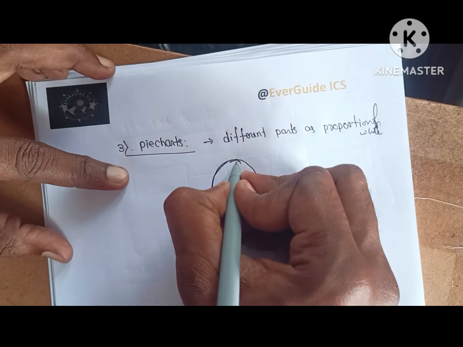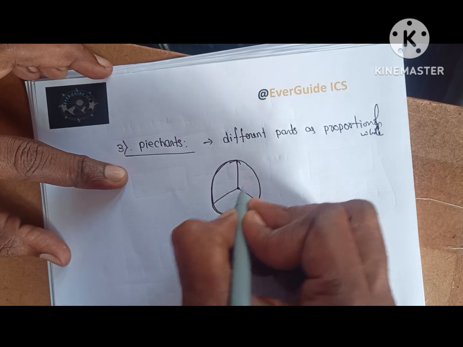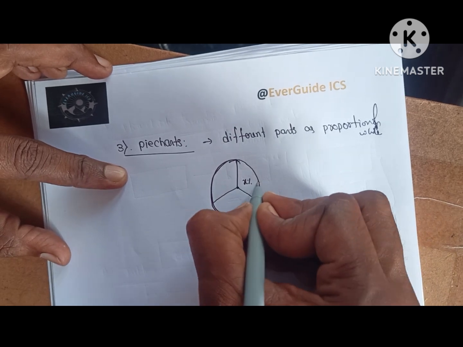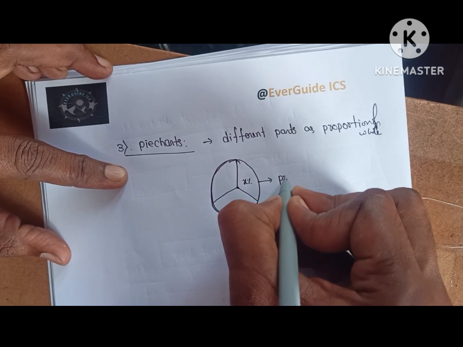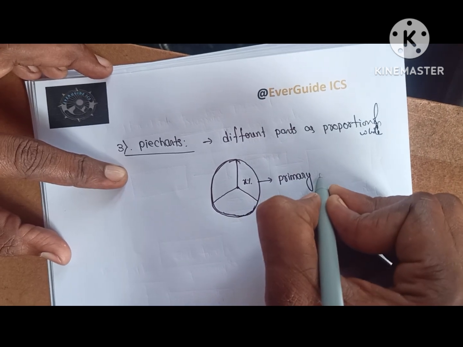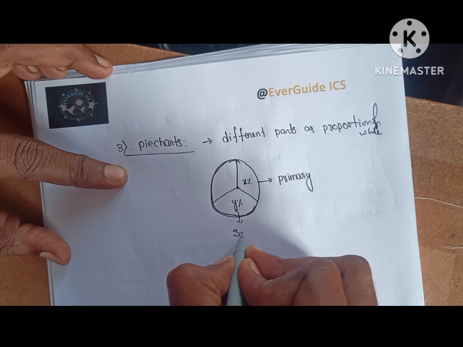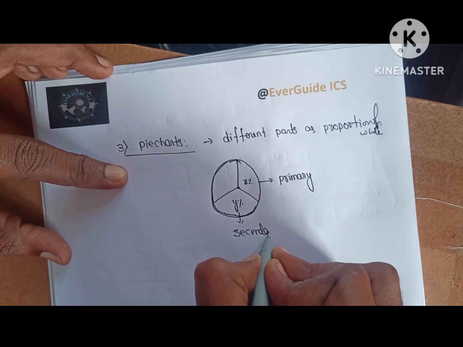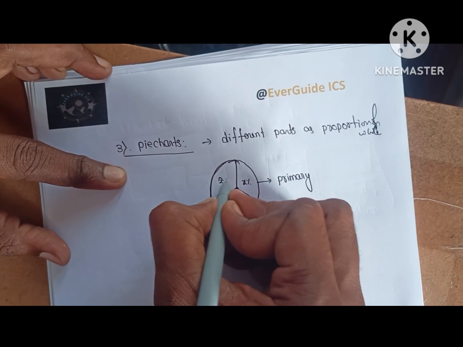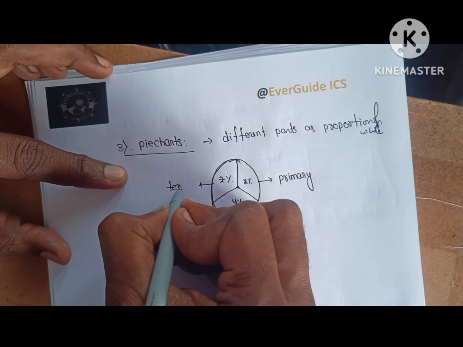Try to draw a pie chart which shows X percentage of people employed in the primary sector, Y percentage of people employed in the secondary sector, and Z percentage of the population employed in the tertiary sector.